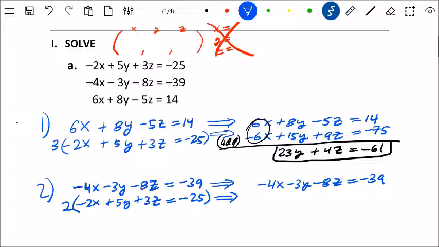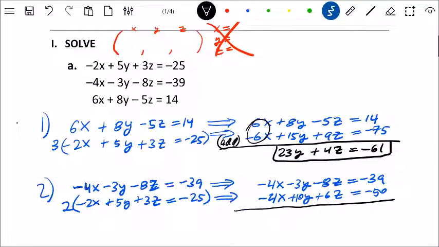So this one did not change. This other one does change. So I get -2 times -2 gives me a -4x. And then I get plus 10y. And then 2 times 3, I get a plus 6z is equal to -50.